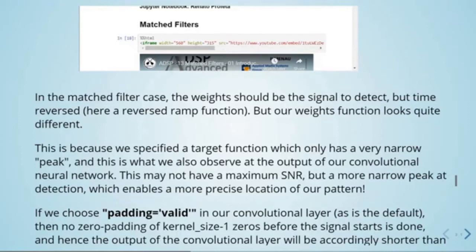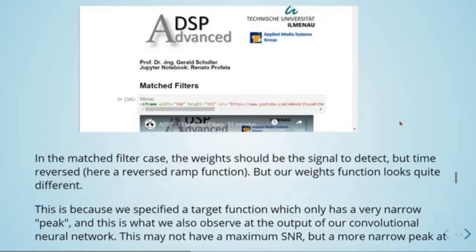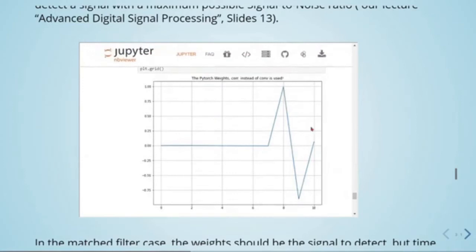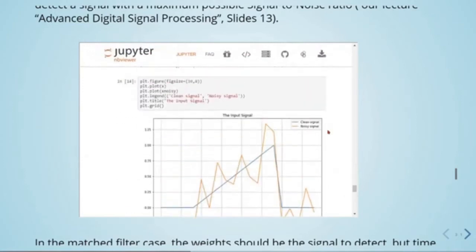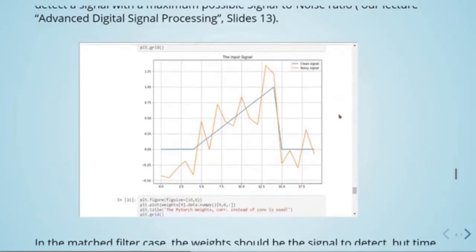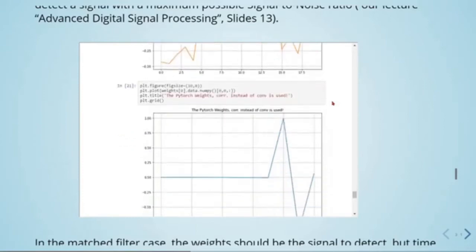So here is a reverse ramp function. We can see this is our weights for the matched filter, and we had the input signal. Here was the ramp, a bit different than what we used here.